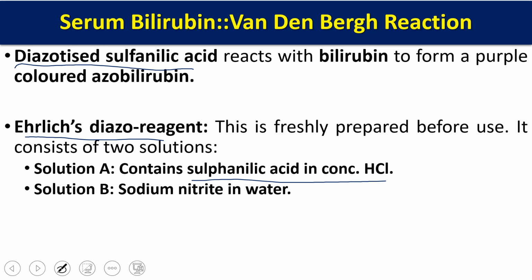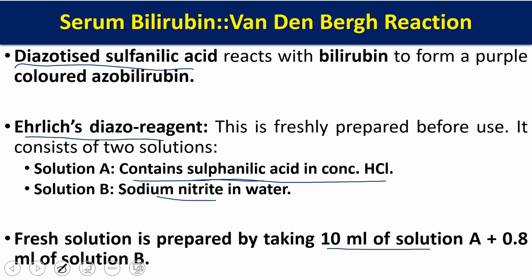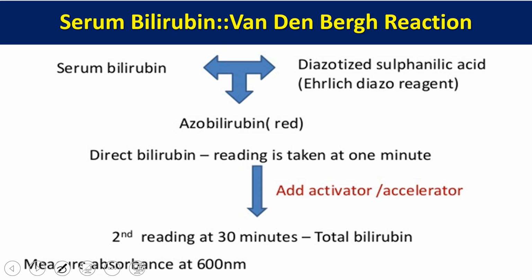We mix these two in a specific ratio, 10 ml of solution A and 0.8 ml of solution B, just before the test. So every time, before every test, we need a fresh preparation of the combination of these two.